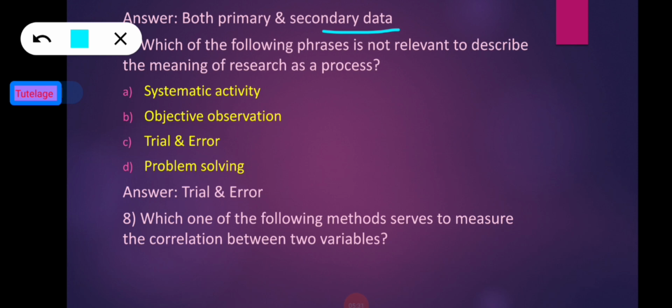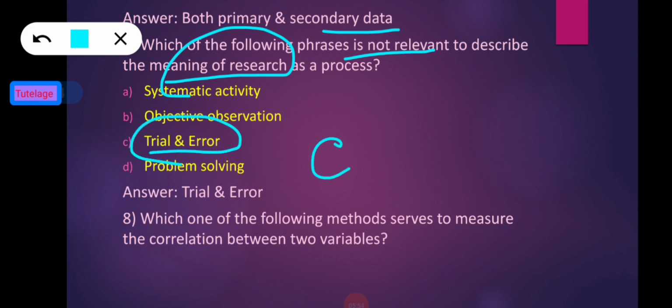Which of the following phrases is not relevant to describe the meaning of research as a process? So we all know what is the basic meaning of research, and we have already told that part. Basically, the meaning of research as a process does not describe a trial and error process. So option number C is the correct answer. Which of the following phrases is not relevant?